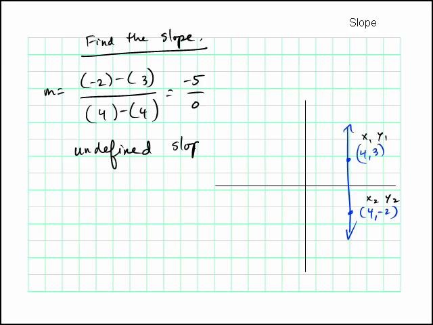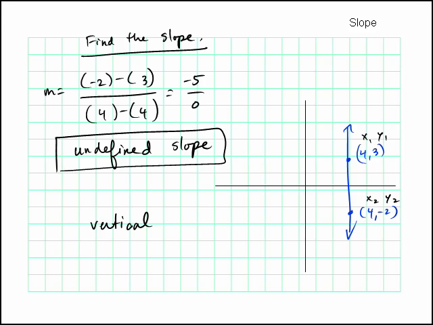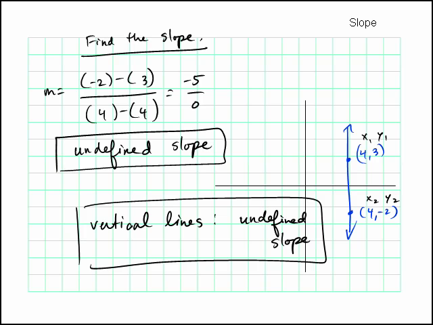So we would say here that the slope is undefined, undefined slope. You cannot say that the slope is 0, that is different. All vertical lines have undefined slope. Some books say they have no slope, but I'm going to use the term undefined slope.